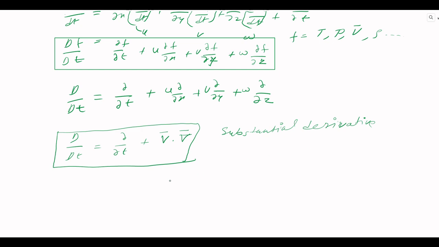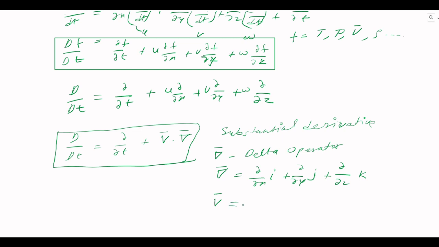Here, this is called the del operator. We can write the del operator as equal to partial derivative by dx i, plus partial derivative by dy j, plus partial derivative by dz k. And this is the velocity, which we can write as u i plus v j plus w k.